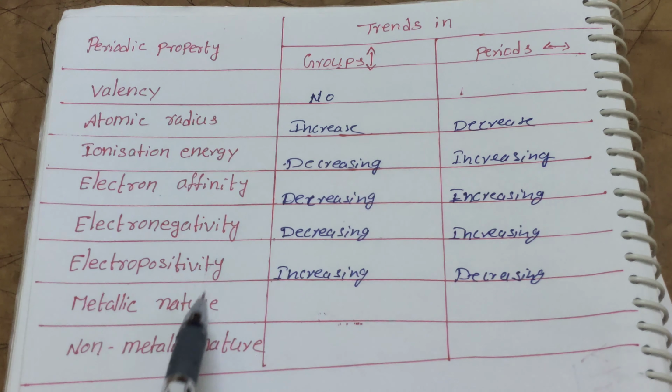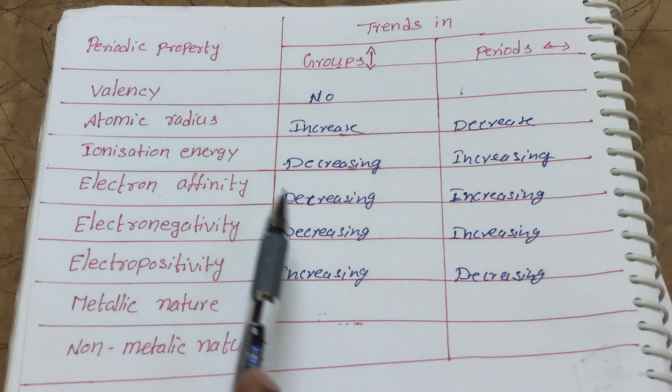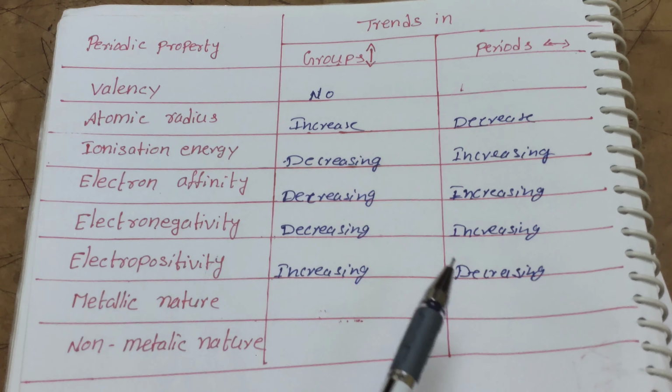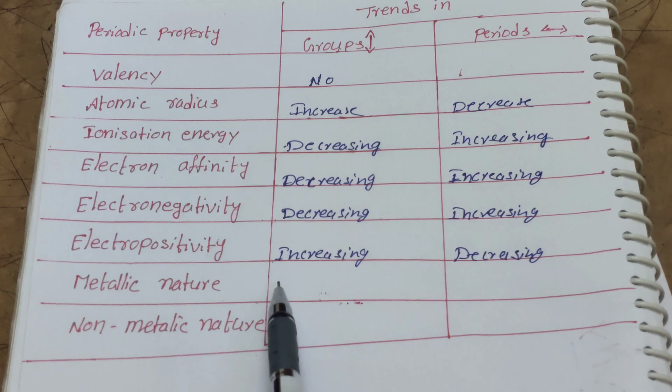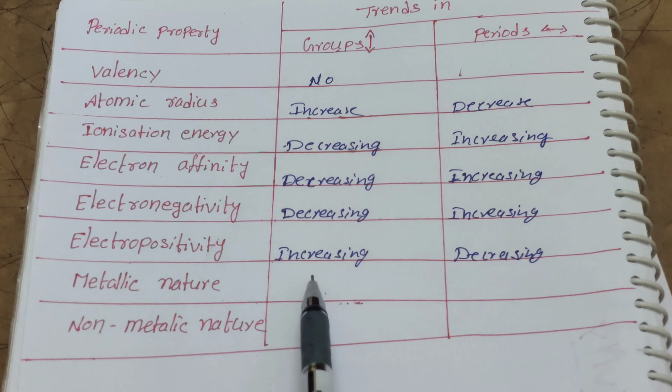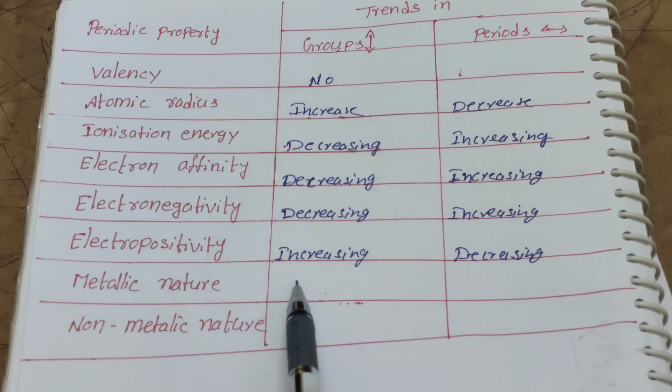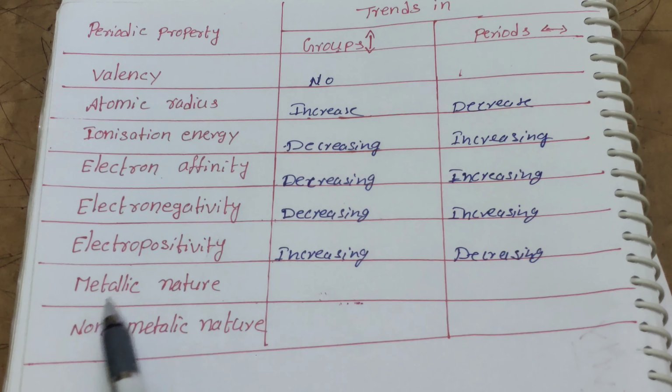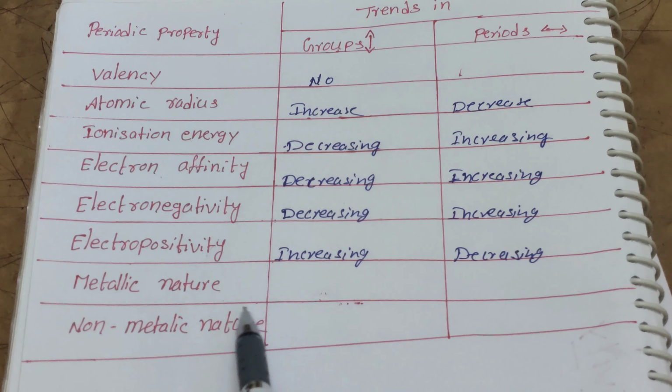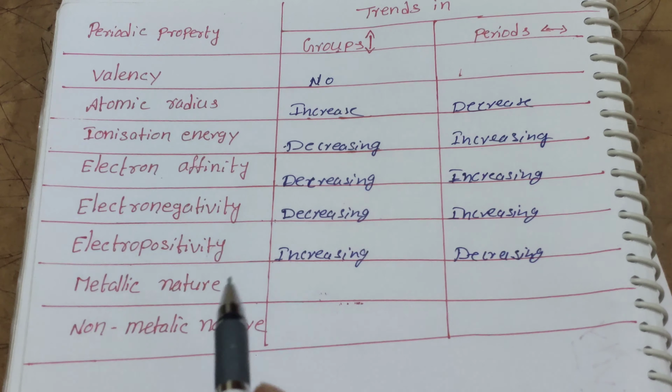And metallic character. In the metallic character, from top to bottom, it gradually increases. Why? Because each and every time the size of the atom increases and the electron losing character increases. That's why the metallic nature gradually increases in the groups from top to bottom.